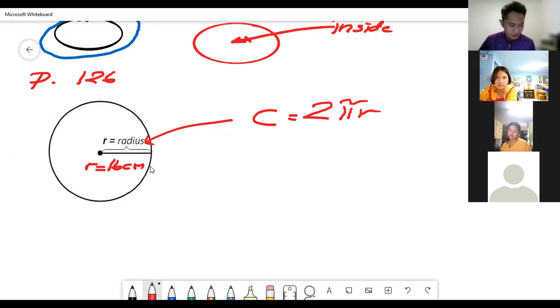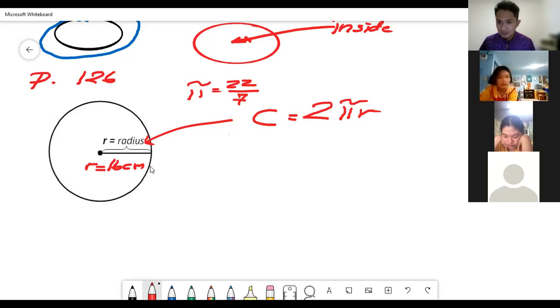And it says here in example number 1, take pi is equal to 22 over 7. Example number 1: find the circumference of the circle. Take pi is equal to 22 over 7.